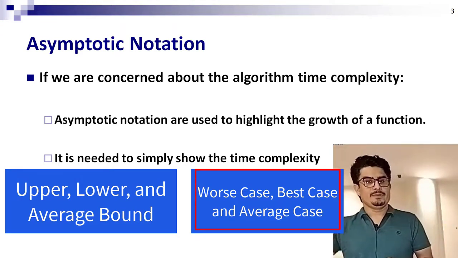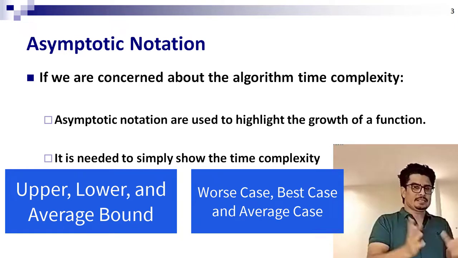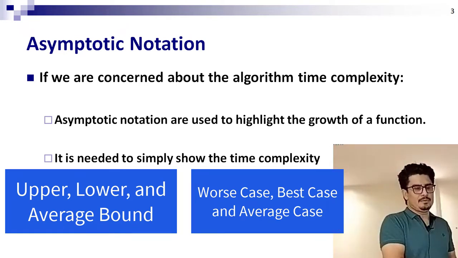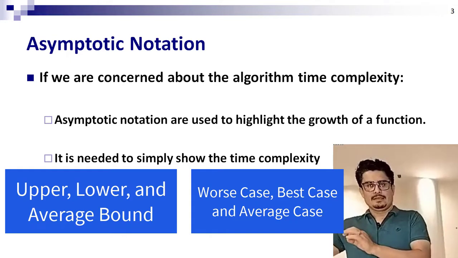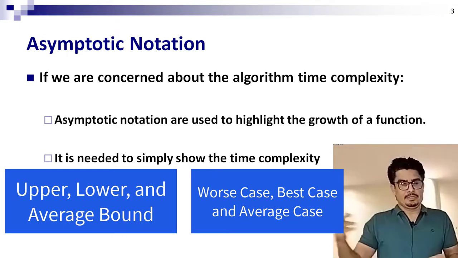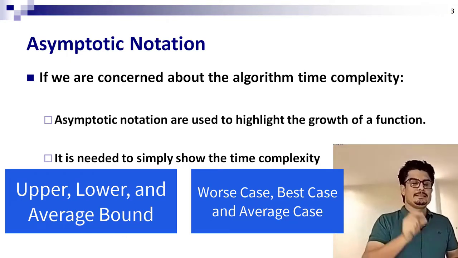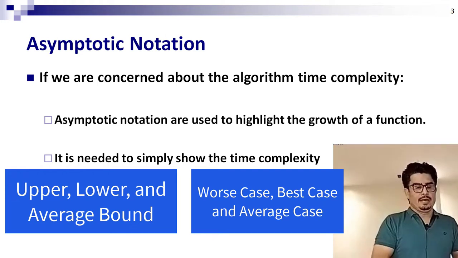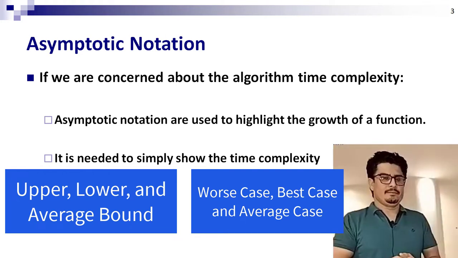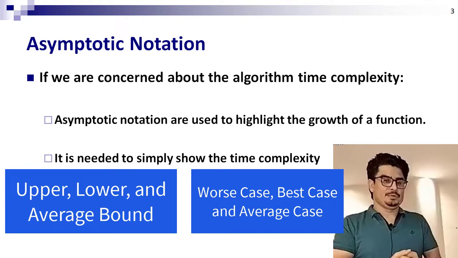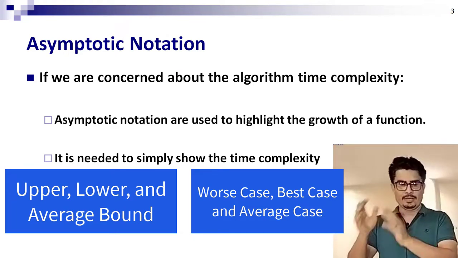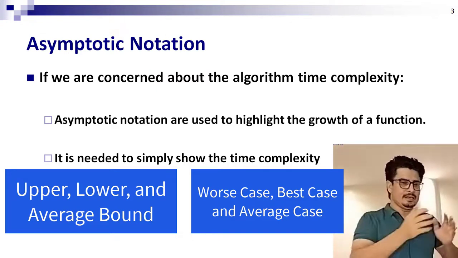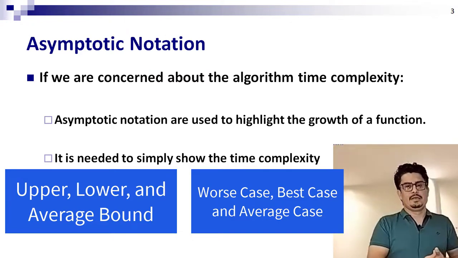It will be the worst case for you. The average case, like one is the 10,000 mobile, the other one is 50,000, and the last one is 100,000 mobile. So the 50,000 mobile is the best case for you. However, it is the average case, but still it's the best case for you. So don't mix the worst case, best case, and average case with the upper bound, lower bound, and average bound.